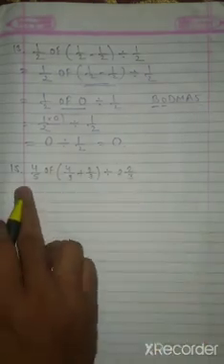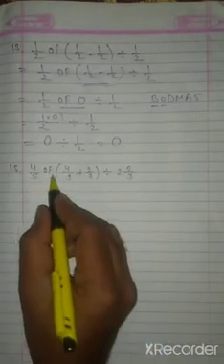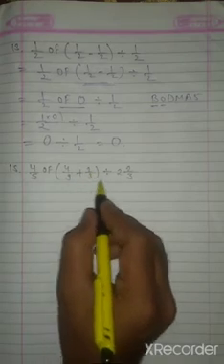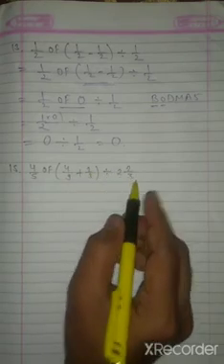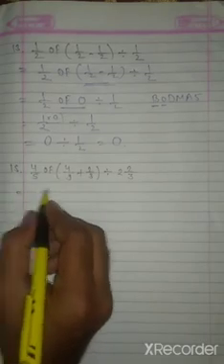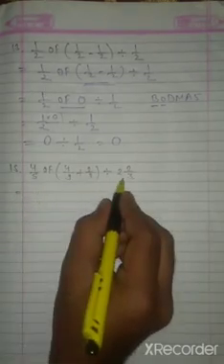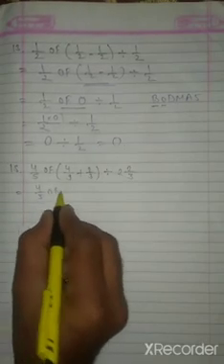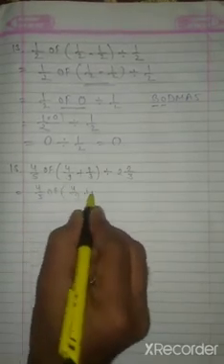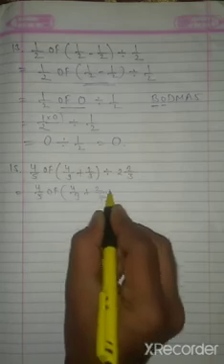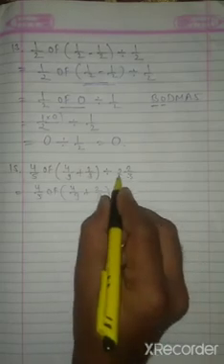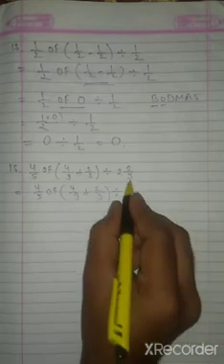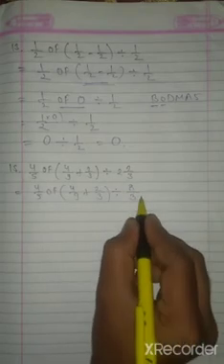Question number 15. 4 upon 5 of, in bracket, 4 upon 9 plus 2 upon 3, bracket close, divided by 2 and 2 upon 3. First of all we will convert this mixed fraction into an improper fraction. 2 threes are 6, 6 plus 2 is 8, so 8 upon 3.